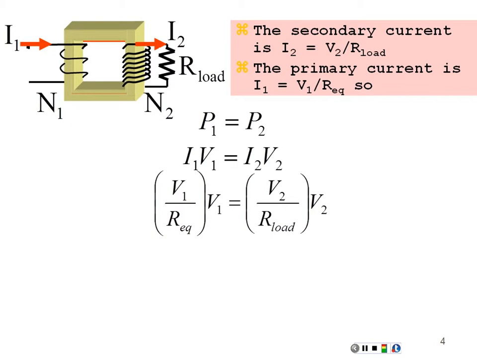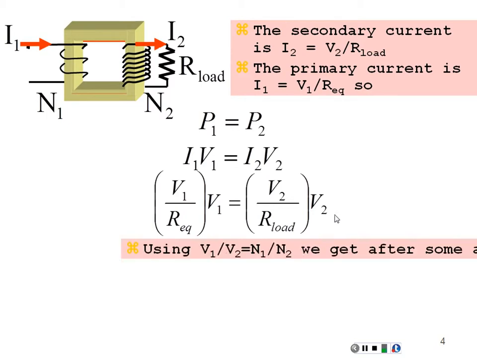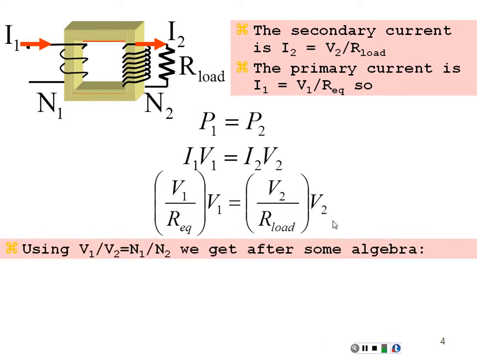V1 over our equivalent resistance of the circuit, times V1, is equal to the current I2, which is the voltage divided by the resistance of the load, times V2. Hence, we have V1 squared over R equivalent is equal to V2 squared over R load. Since we know V1 over V2 is equal to N1 over N2, we substitute that in.